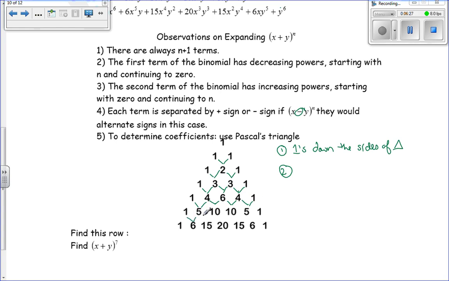1 plus 5 is 6. 5 plus 10 is 15. 10 plus 10 is 20. 10 plus 5 is 15. 5 plus 1 is 6.